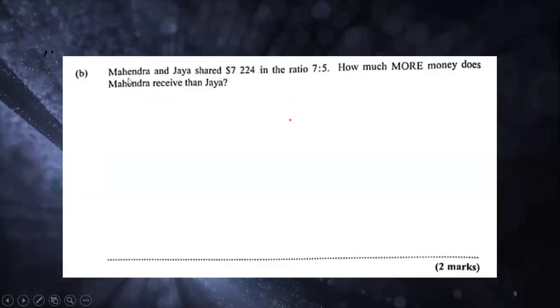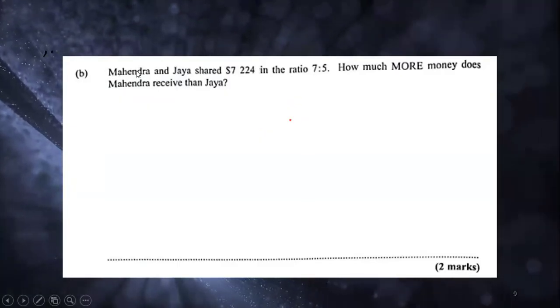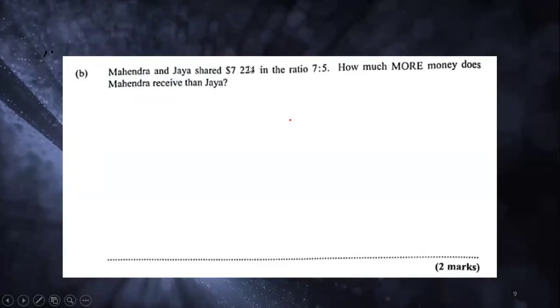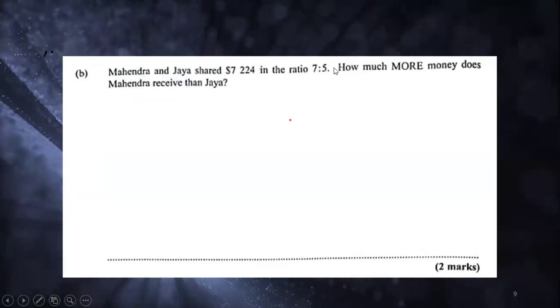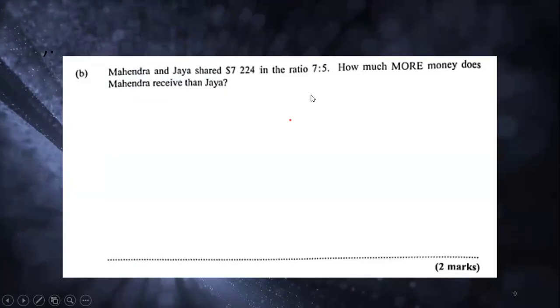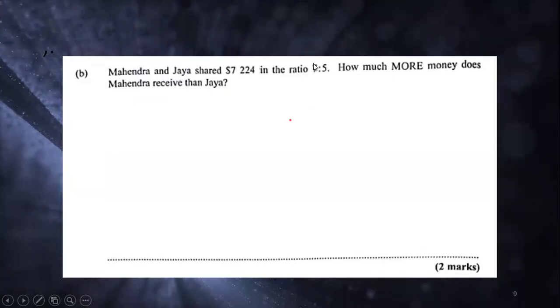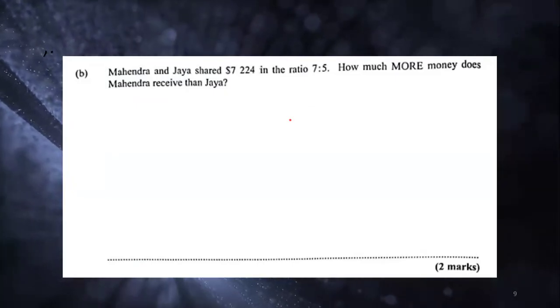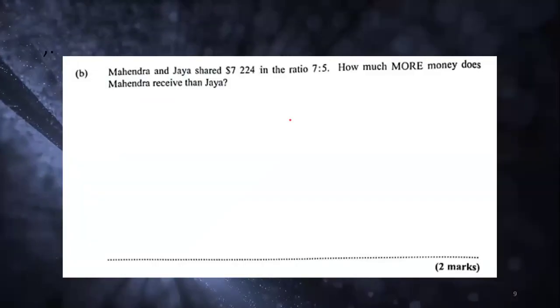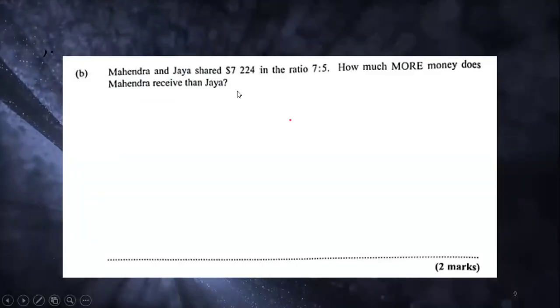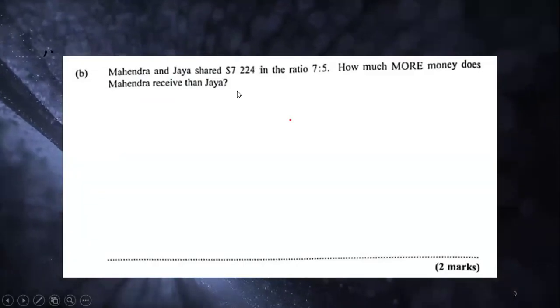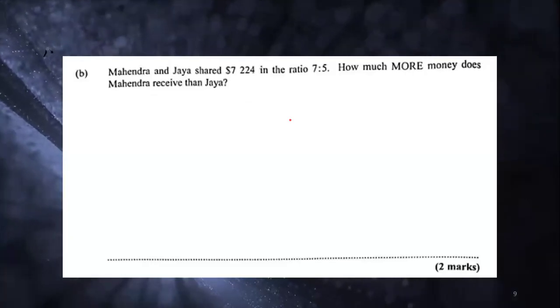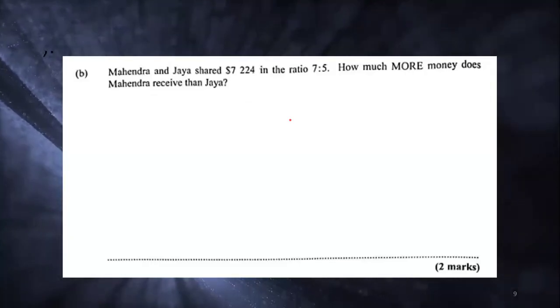So Mahindra comes first, 7 is first, so that's how we relate it. Jaya comes second, 5 is second, so that's how we relate it as well. All right, is that clear to everybody? That's how a ratio is always understood. It is done in the respective order of the people that something is being shared between or among.